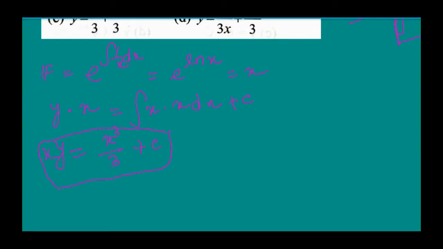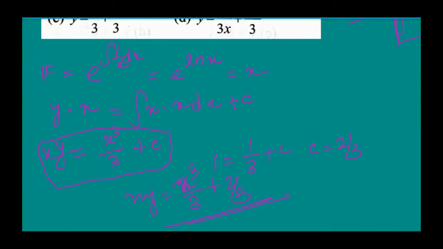So 1 is equal to 1 by 3 plus c, so c is equal to 2 by 3, and the solution will be xy is equal to x cube by 3 plus 2 by 3.